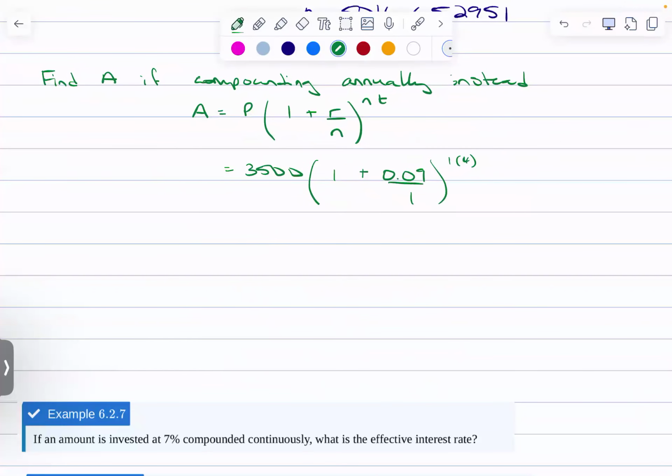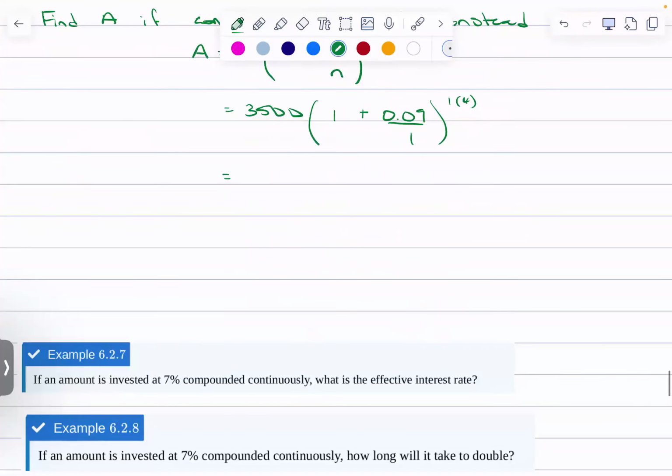I get 1.09 to the power of 4 times 3,500, 4,940.535635, or 4,940 and 54 pennies.